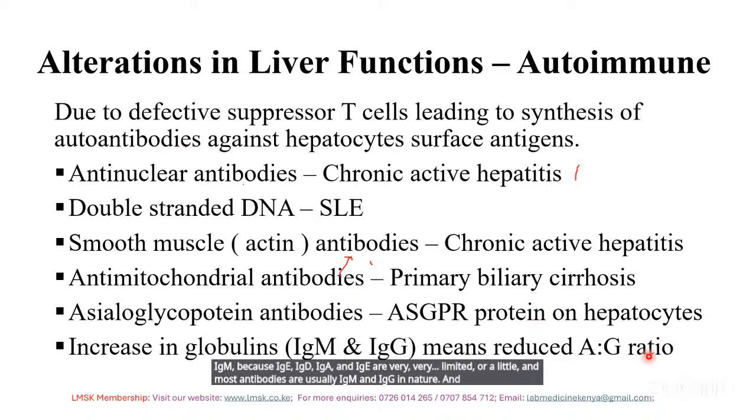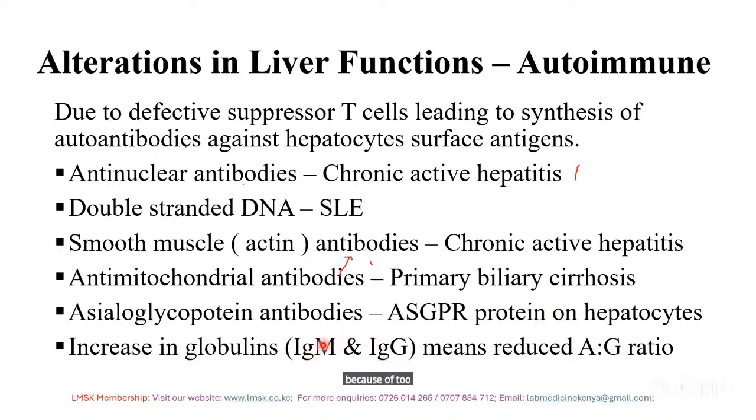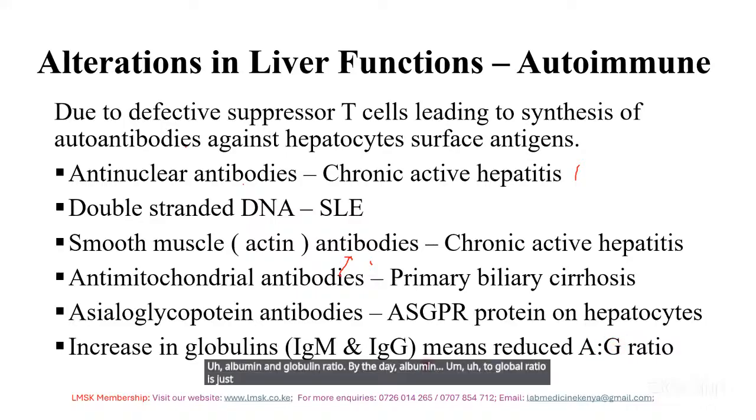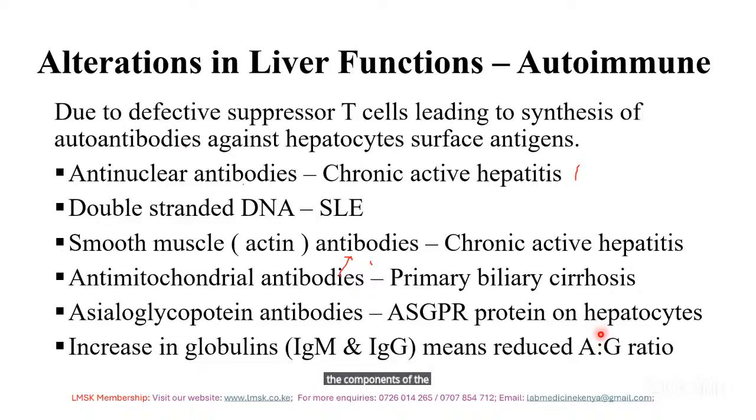And because of too many globulins, IgG and IgM, this will lead to a reduced albumin to globulin ratio. By the way, albumin to globulin ratio is just a way of measuring the balance between the components of the proteins, which are either albumin or globulins.